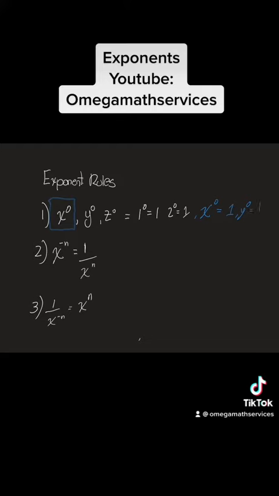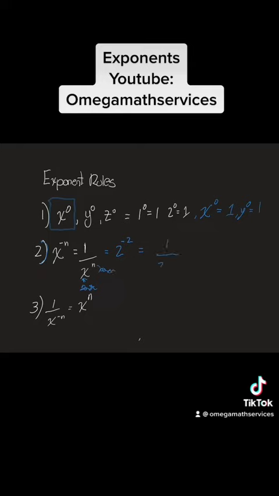All right, now the next rule I want to show you guys is any number to a negative exponent, that's number 2 right here, will always be 1 over that number. So for example, let's say I have 2 to the negative 2. Well, we just follow the rule. So remember that this is your base and this is your power. So you always just put it over 1.